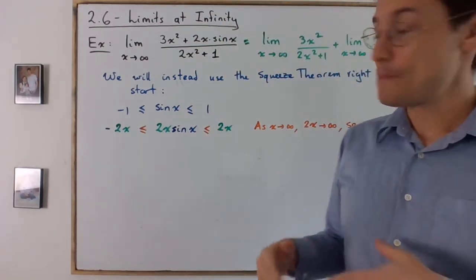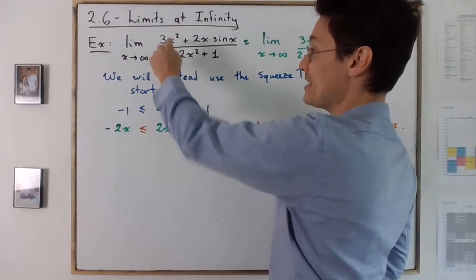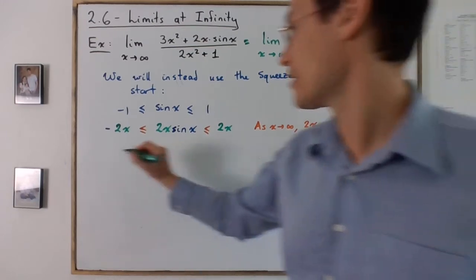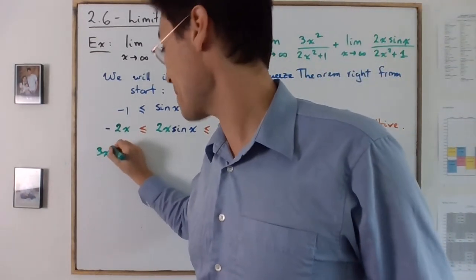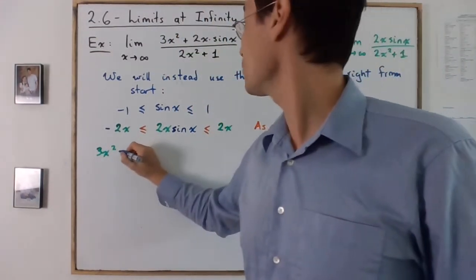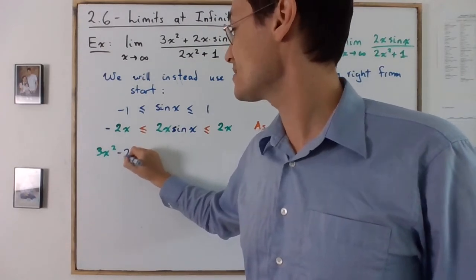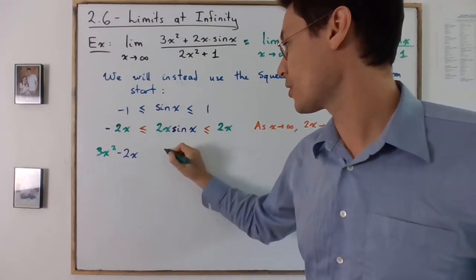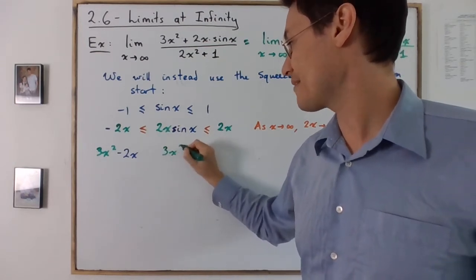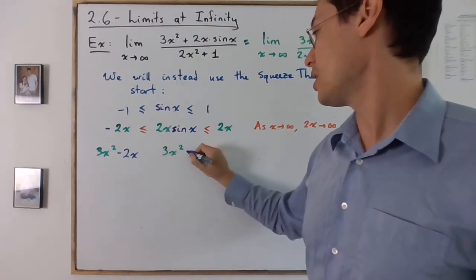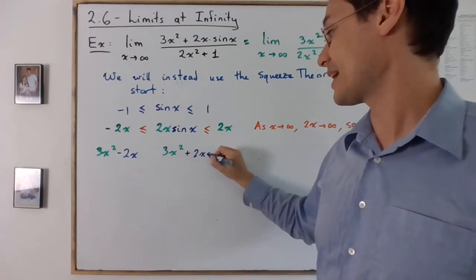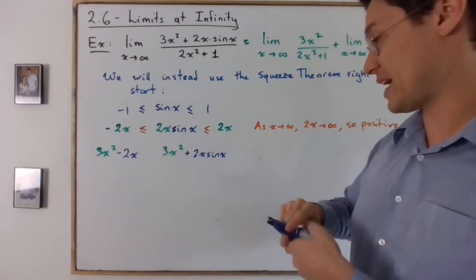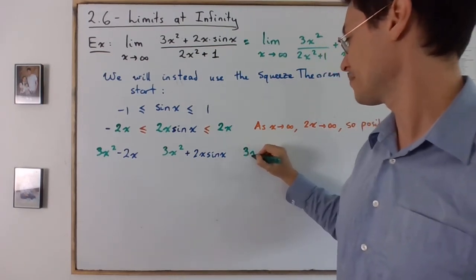The next thing we do is add 3x squared. Remember, what I color code in green is the new step, so I'm dropping the color code on this line. I have here 3x squared plus 2x sine of x, and finally here I have 3x squared plus 2x.